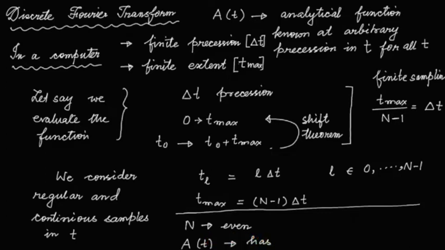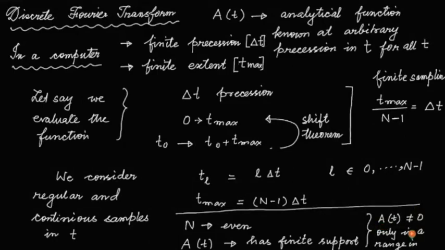Can anybody elaborate on what is finite support? What do you mean by finite support? So it means that a at t is not equal to 0 only in a range in t. For example, if I take a box function which is non-zero between 0 and 1, that is an example of such a function.